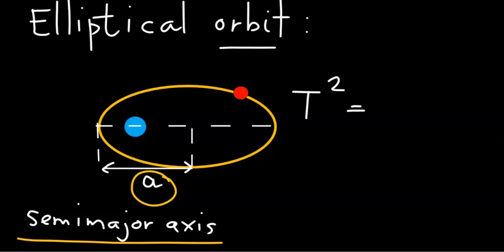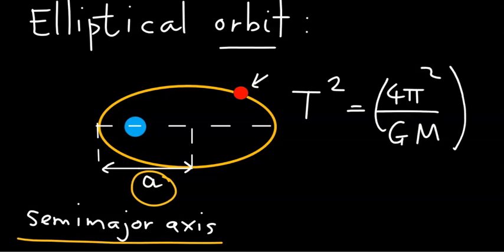The square of the period of this planet equals 4 pi squared over G times the mass of this object there, times the cube of that semi-major axis a. So for elliptical orbits, Kepler's third law reads as follows. The square of the period of any planet is proportional to the cube of the semi-major axis of its orbit.